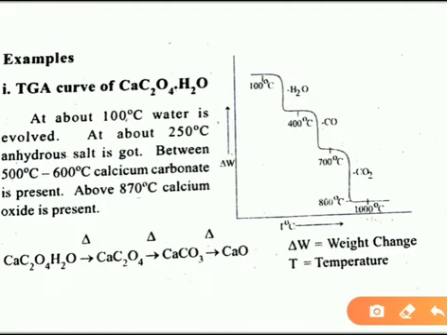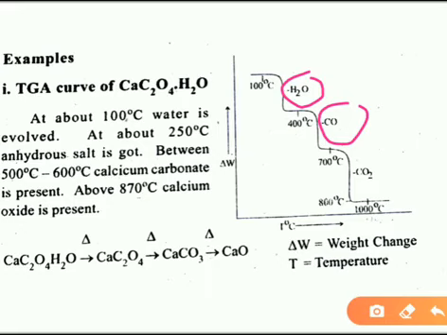Therefore, the calcium oxalate monohydrate loses its water molecule at 100 degrees Celsius, and it becomes anhydrous at 250 degrees Celsius. After that, it loses carbon monoxide around 450 to 500 degrees Celsius, nearly 600 degrees Celsius.